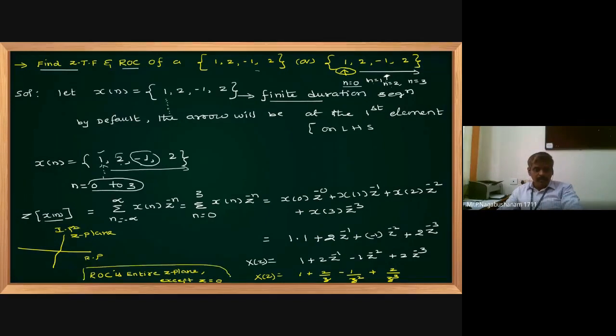Okay now. So this is one of the properties of ROC. How can we define this? Let me take the same example. They gave x of n equal to 1, 2, minus 1, 2, with an arrow mark at the first value. That means n equal to 0, n equal to 1, n equal to 2, n equal to 3, where n is positive values.